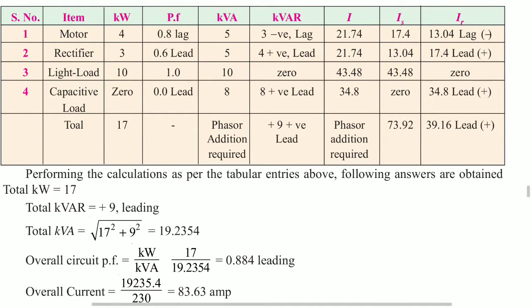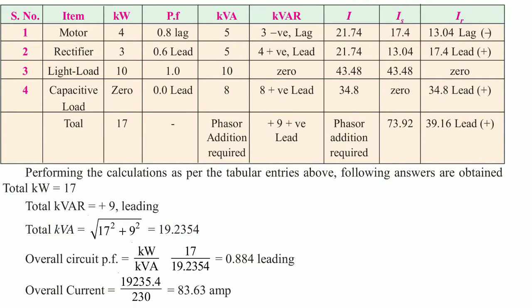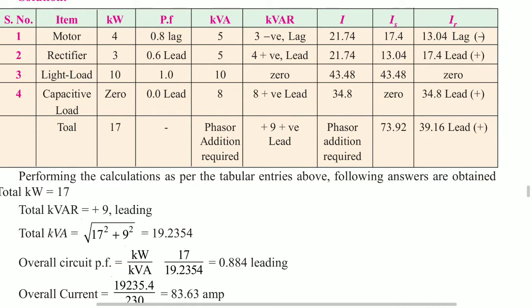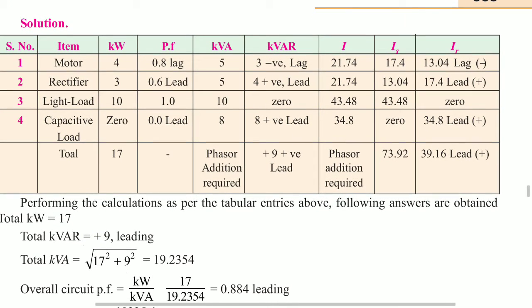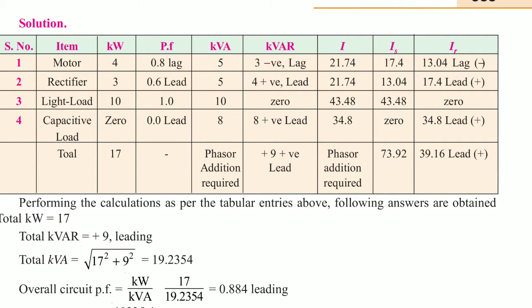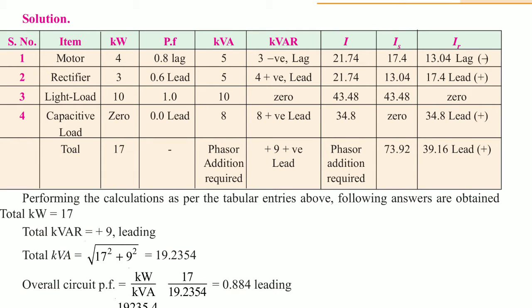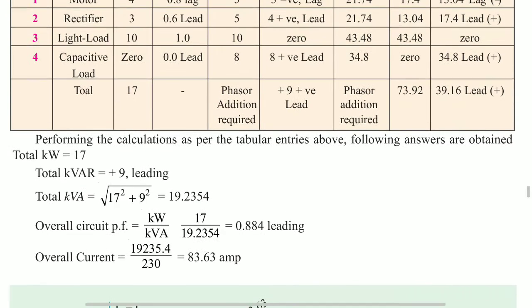So kVAr is plus 9 and kW is 17. This phasor addition will give the kVA. For the current I, phasor addition is required. IS is directly added: 17, 13 and 43, which gives 73.92, and IR also adds directly, 13, 17 and 34, which gives 39.16. So this I is the resultant by phasor addition.